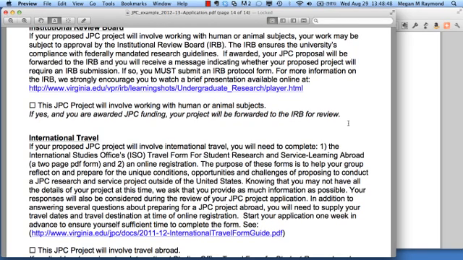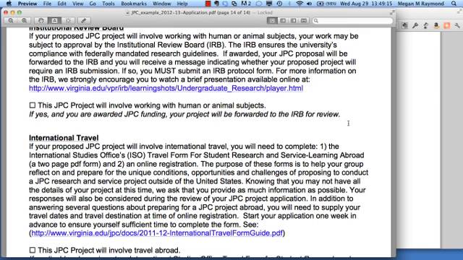The university wants to make sure that everyone who is doing research with humans here at the university is doing it ethically. And in fact, if something were to happen with a research project here at UVA, no matter who's doing it, whether it's a faculty member or a student, we could potentially be liable of losing all our federally funded research money.